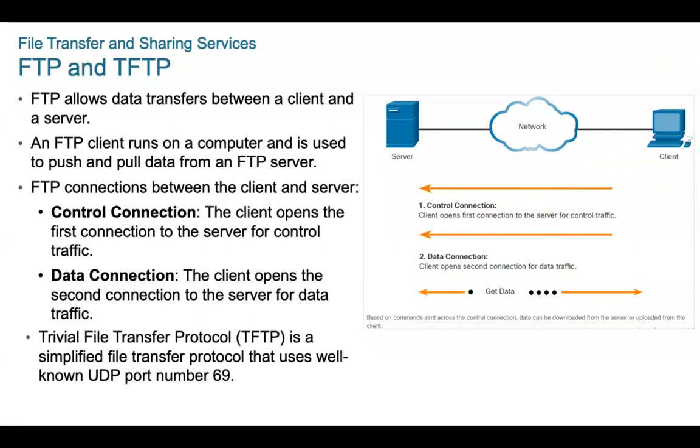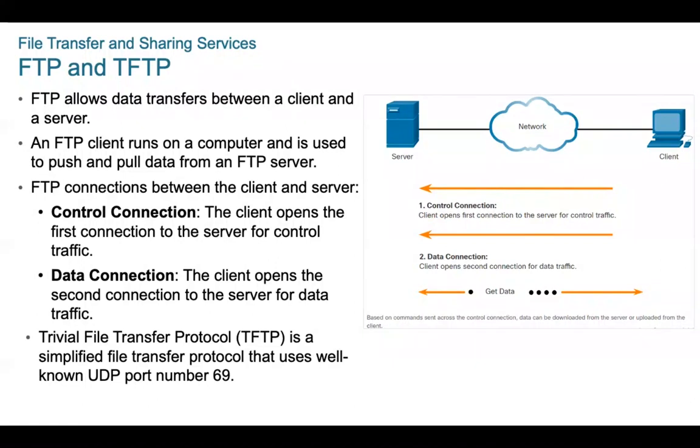As you can see in this figure, there is a client and a server, and they are connected through the network. To successfully transfer data between your FTP server and your client, FTP basically requires two connections between the client and the server.